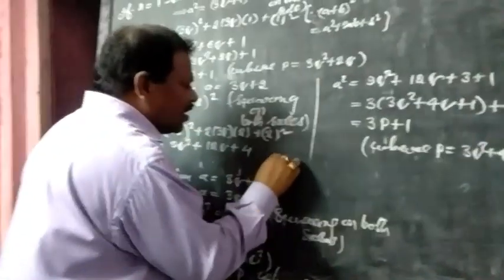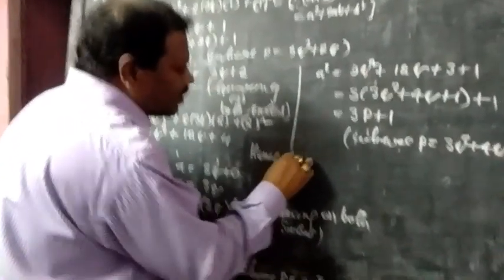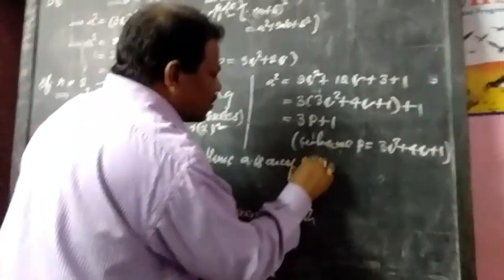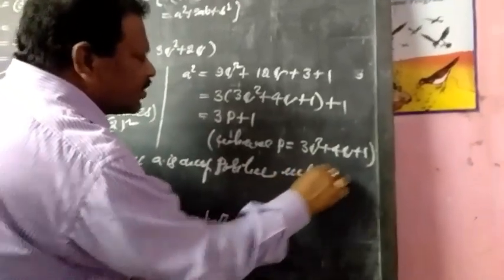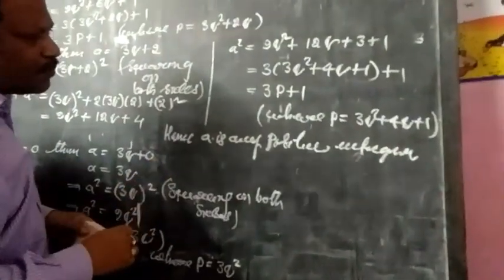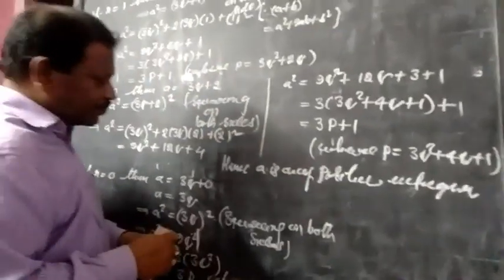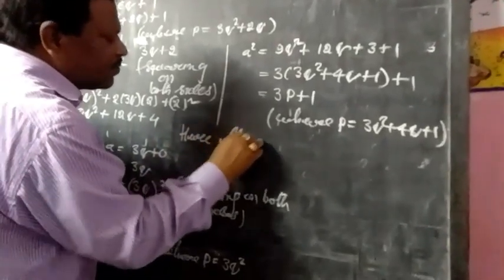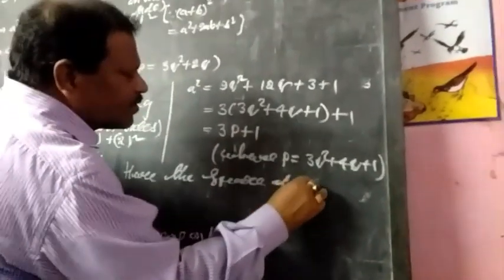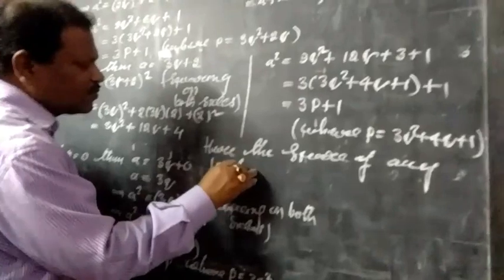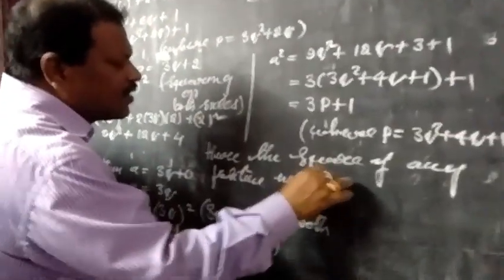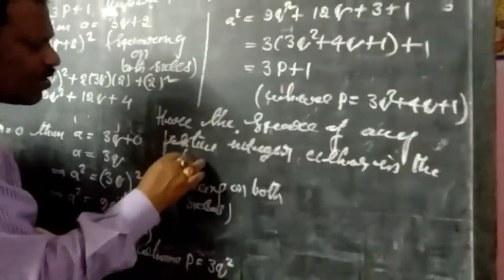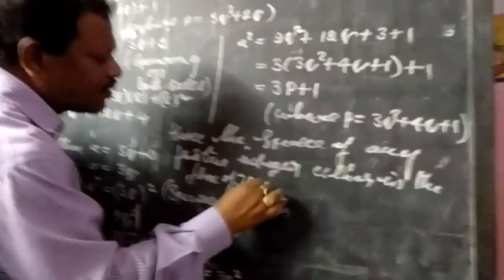Hence, the square of any positive integer is either in the form of 3P or 3P plus 1.